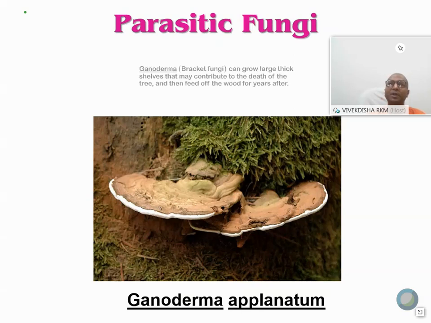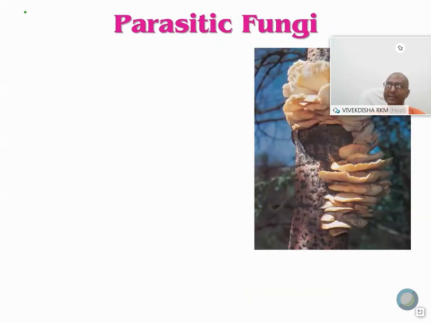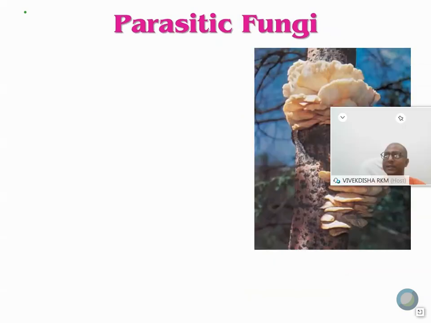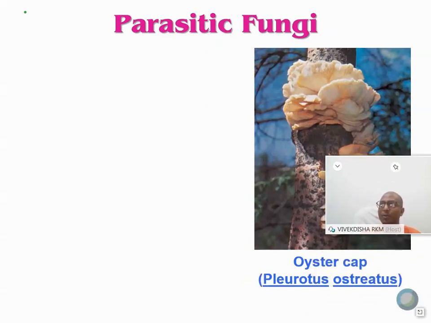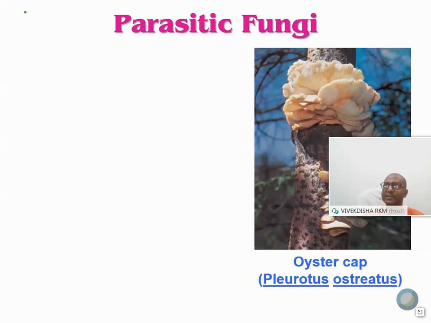Next one, another type of parasitic fungus. Sometimes we find it in our locality also. You will find them developing here. This is known as oyster cap. The common name is oyster cap, because it is an oyster-like fungus.